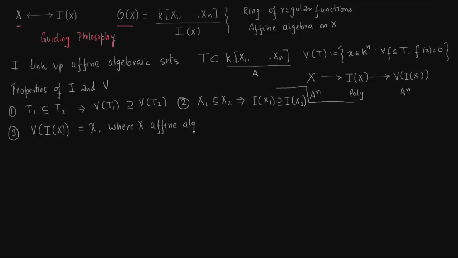So this is the equality which we have to show. You take the set X, then you make an ideal out of it, then you compute its zeros and you get the set X back. One inclusion is pretty clear.